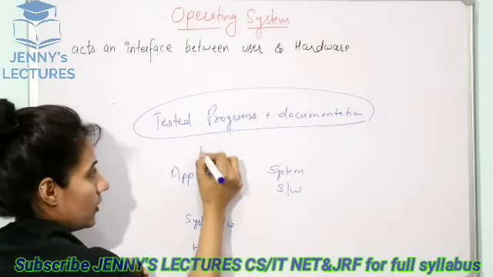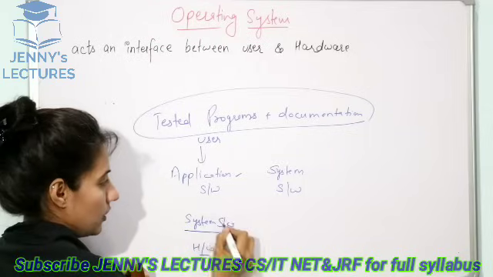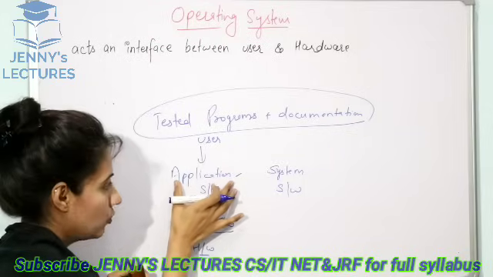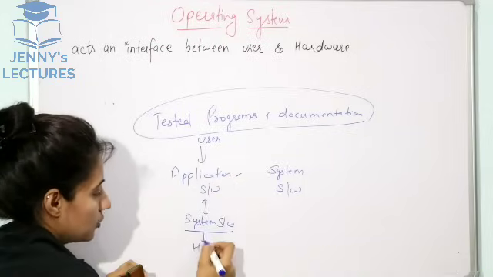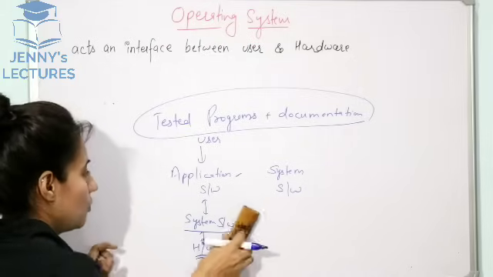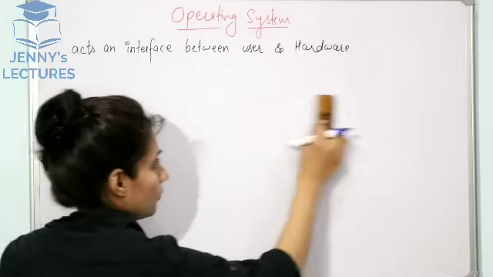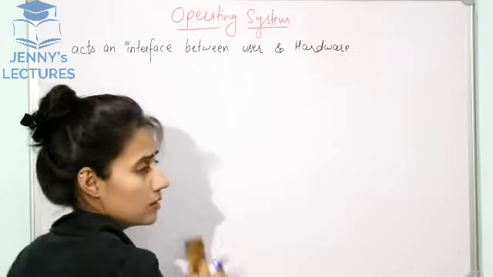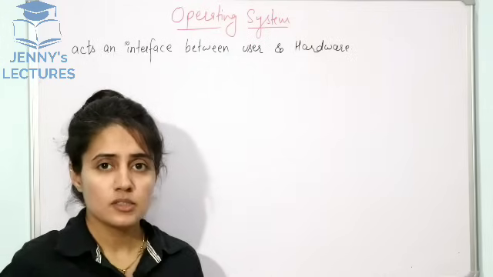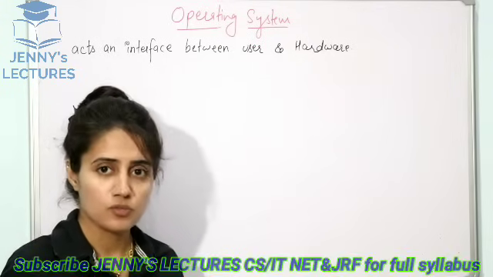The user will use application software, system software will provide the platform to run it, and then the user can access the hardware. Operating system is a system software, not application software. Some other system softwares are linker, loader, debugger.